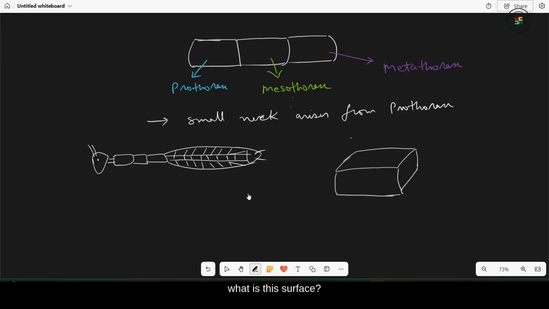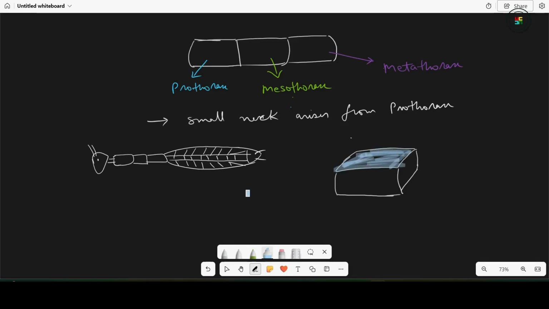so what is this surface? This one here. This is the dorsal surface, right?